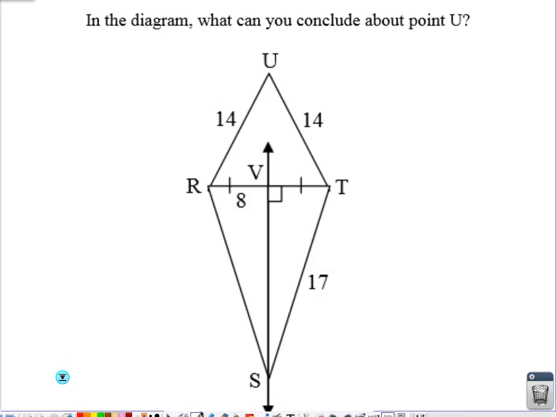If I kept drawing this line, it's going to go through point U, because the other part of that theorem states if a point is equidistant, if this distance is the same as this distance, then it's going to lie on that perpendicular bisector. If a point is equidistant from the endpoints of the line segment, then it lies on the perpendicular bisector.